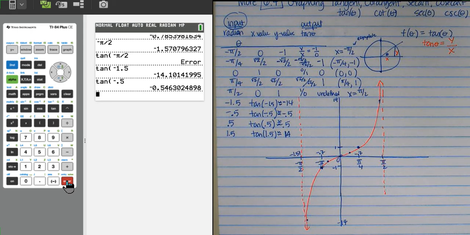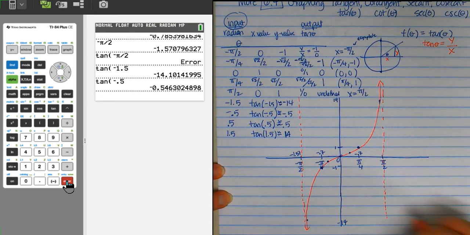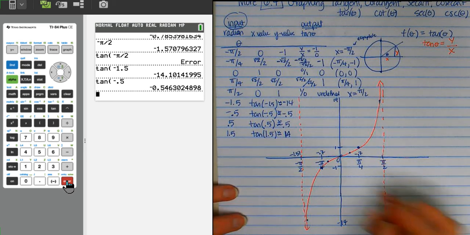And the interesting thing about tangent is that when I go around the other half of the circle, it repeats. So the exact same thing happens again. It is periodic, just like sine and cosine. The same pattern repeats, except it repeats in a period that is this far.